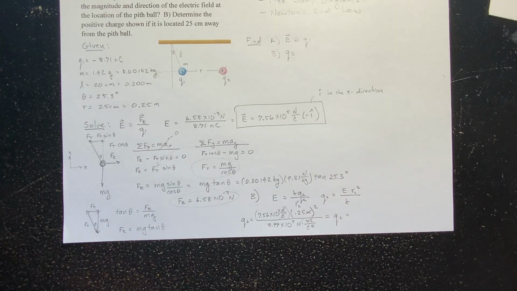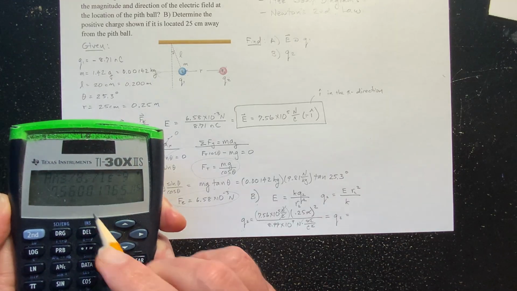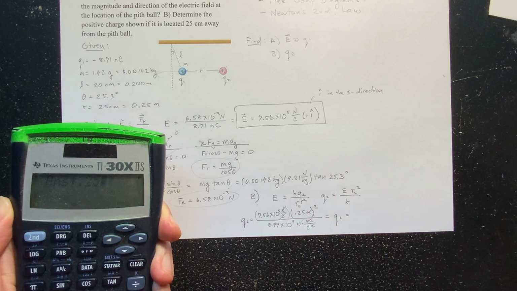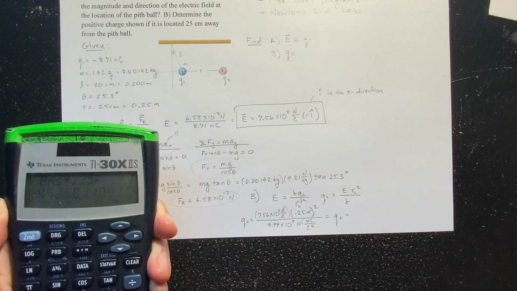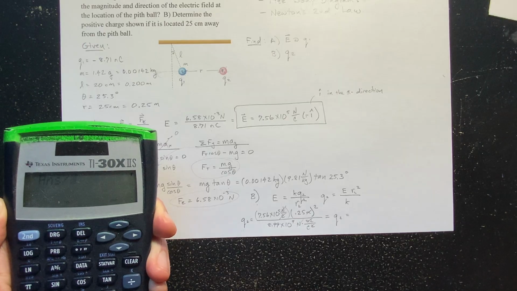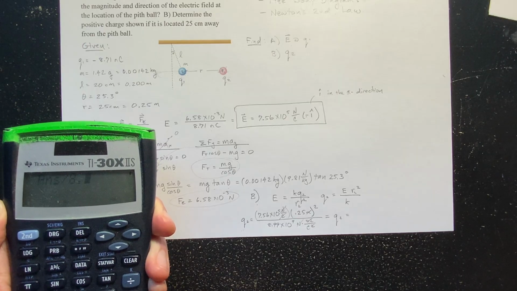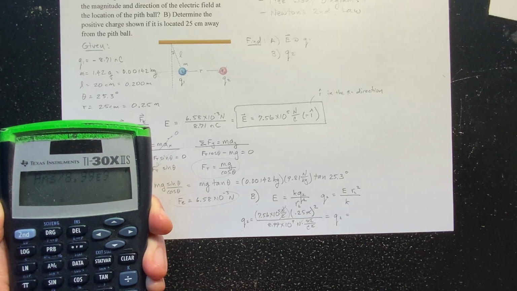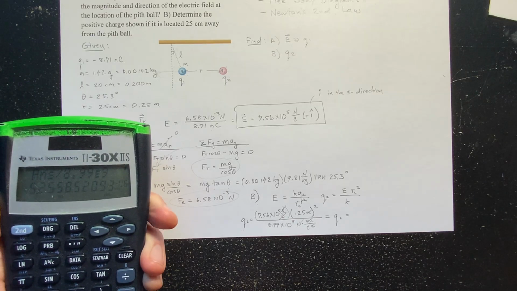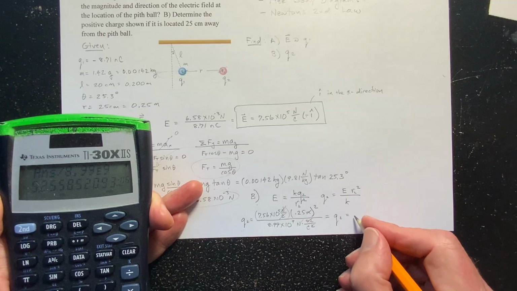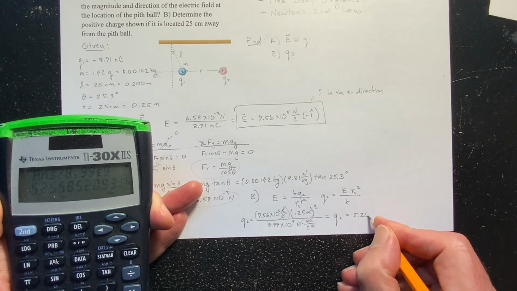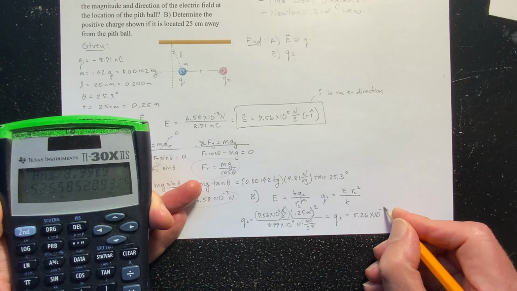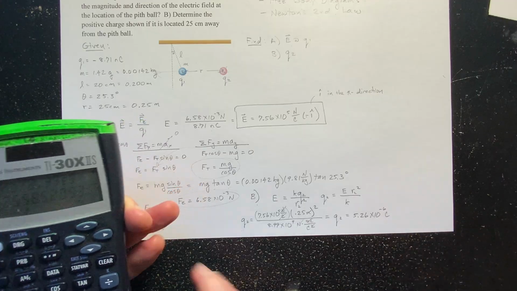All right. So I got this 7.56 times 10 to the 5 times 0.25 squared equals, and then we're going to divide that by 8.99 times 10 to the 9, and I get 5.26 times 10 to the negative 6 coulombs.